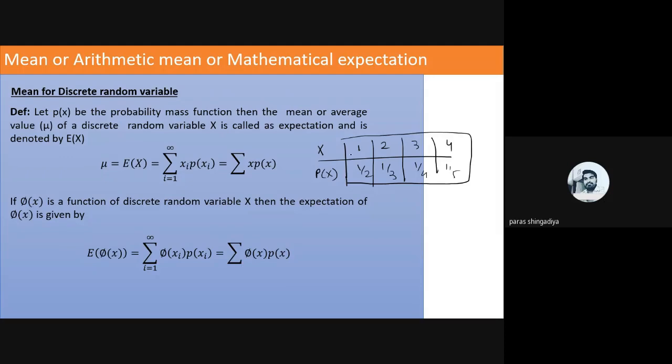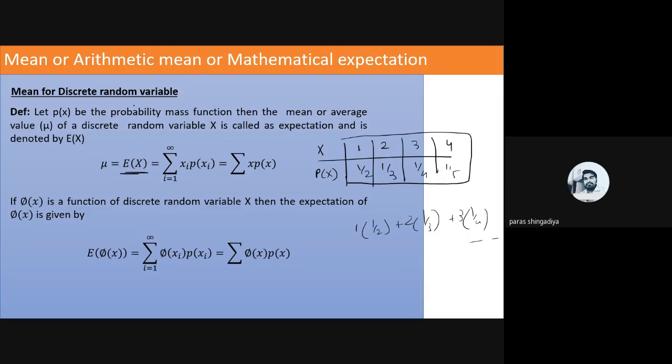What does it mean? We find the product of the random variable with its probability and then find the total. It is the addition of the product of random variable with its probability, meaning 1 into 1/2, plus 2 into 1/3, plus 3 into 1/4, and so on up to the last term. Find the total. This total is equal to the mean of the given data. It is the expected value, denoted by E(x), sigma x into p(x).